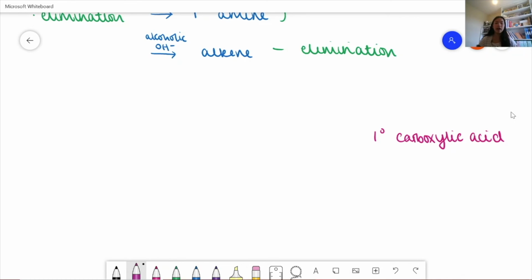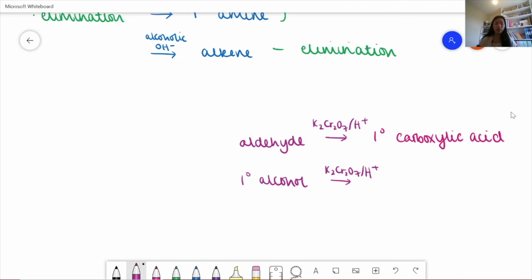So we can get this from an aldehyde, and this would be using the potassium dichromate with a H+ catalyst, or we could also get this primary carboxylic acid straight from the primary alcohol. And so again, this would be using our potassium dichromate. We could also get this primary carboxylic acid from a nitrile.